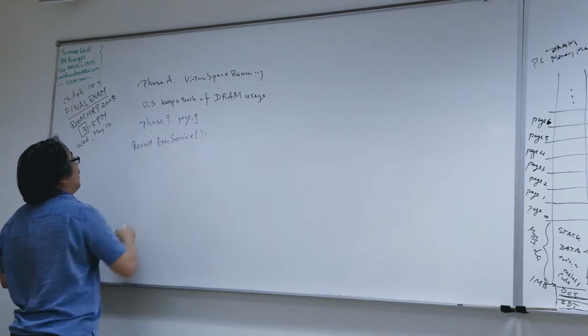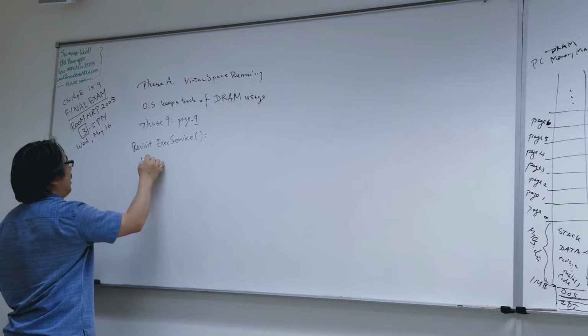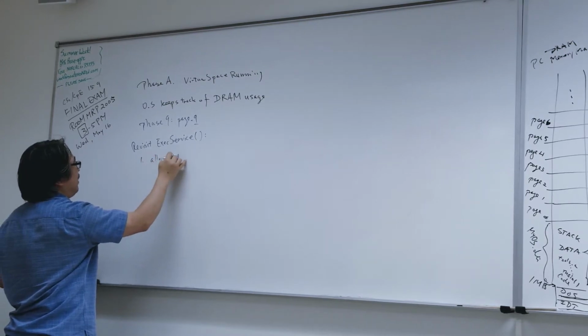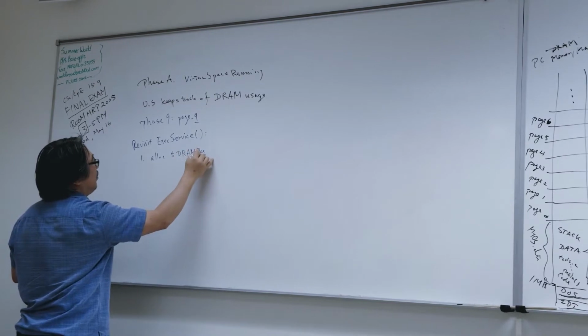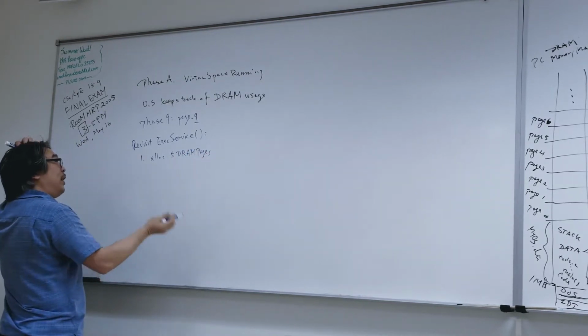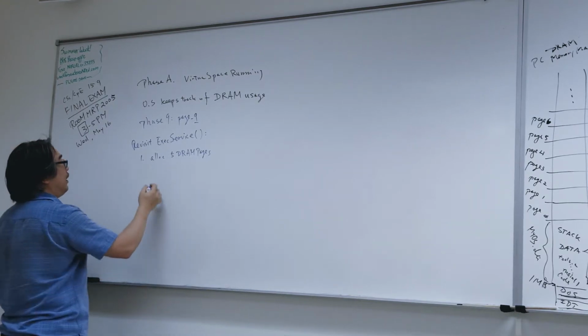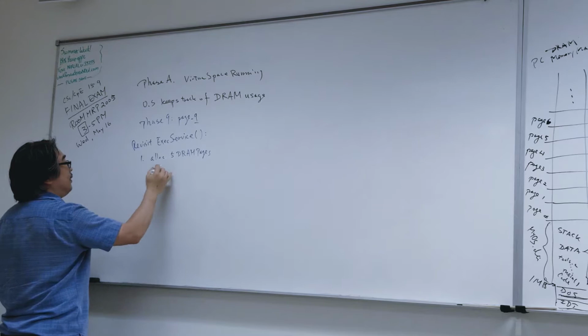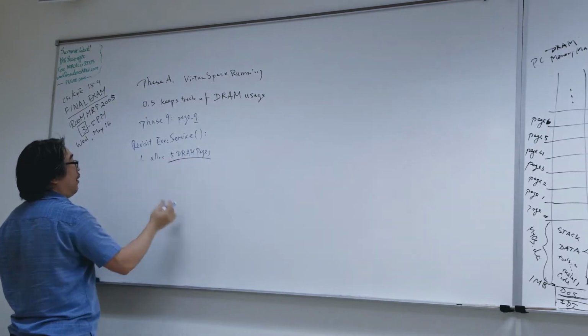Okay. So exec service, of course, we need to allocate a number of DRAM pages for the purpose of building the runtime for the process, for the running process, that is. So that these 5 DRAM pages will have numbers.